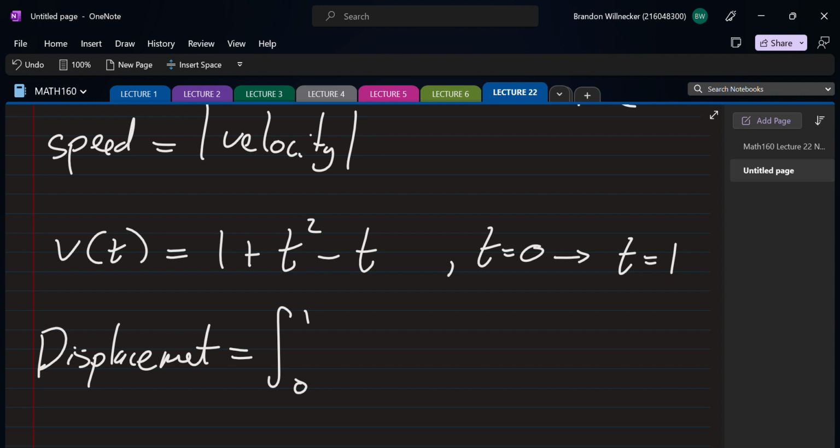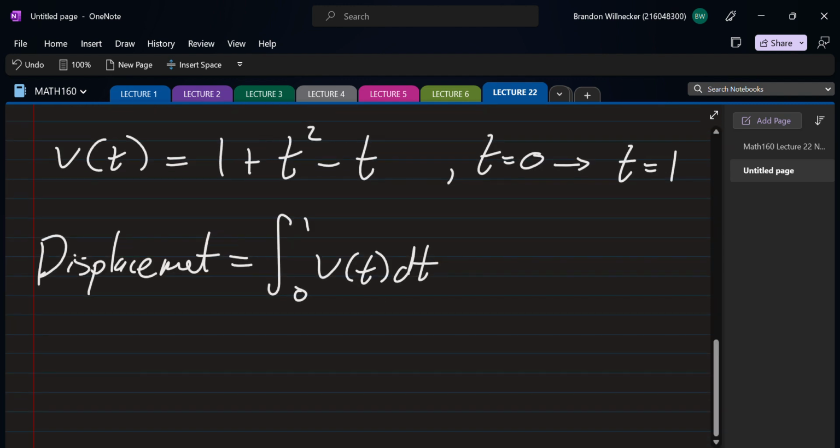So v dt is a small amount of displacement. We want to add up all of the displacements, so we integrate v of t dt. That gives us the net displacement. Again, adding up all the little changes gives us the net change.